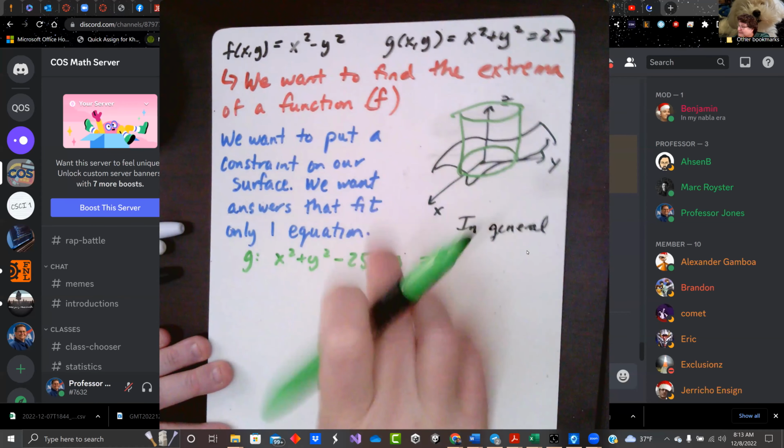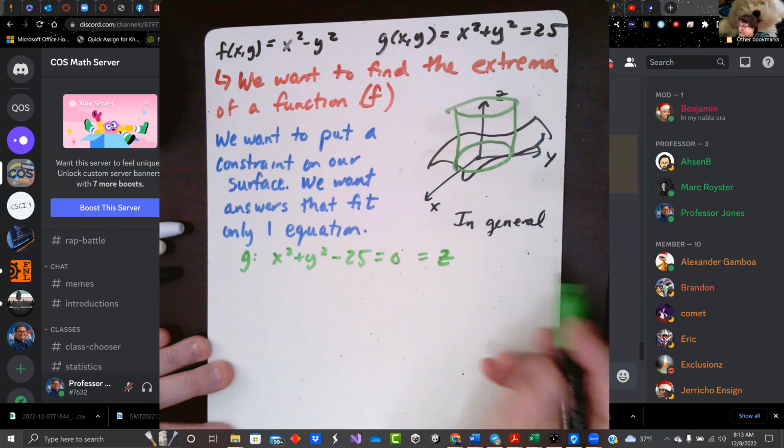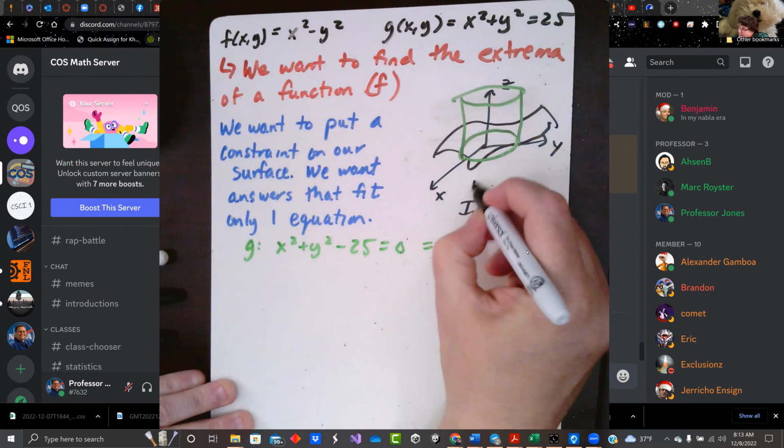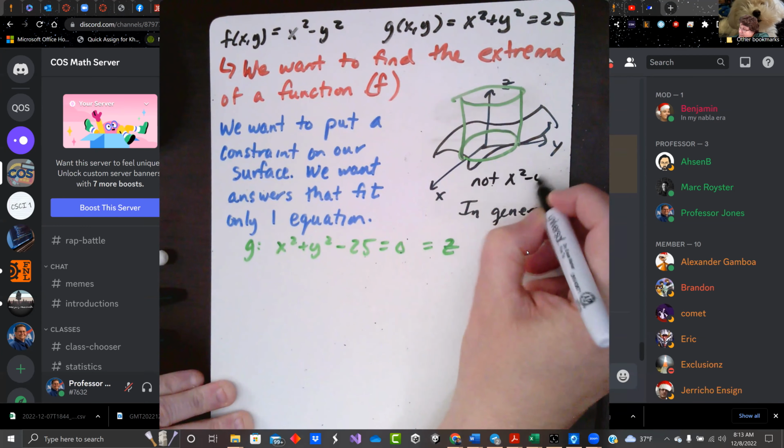That's the idea here. I think I need to point out, this is not x squared minus y squared.